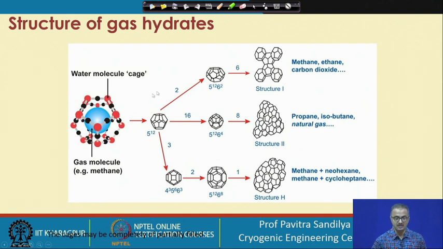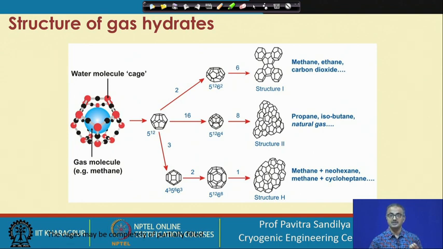Depending on the type of cage, we have different types of hydrate structures: the S1 structure, S2 structure and SH structure, that is structure 1, structure 2 and structure H. Different gases form different types of these hydrate structures, and these structures dictate the amount of gas that can be captured in the water cage.